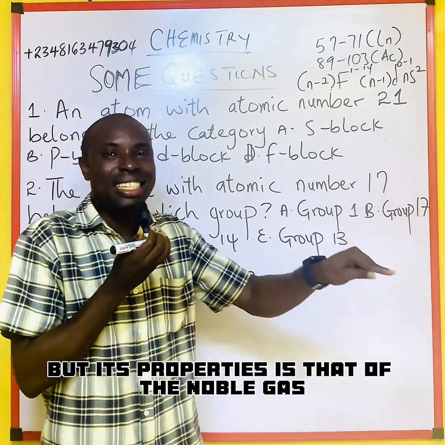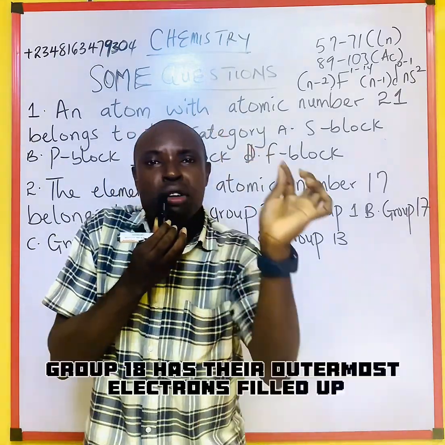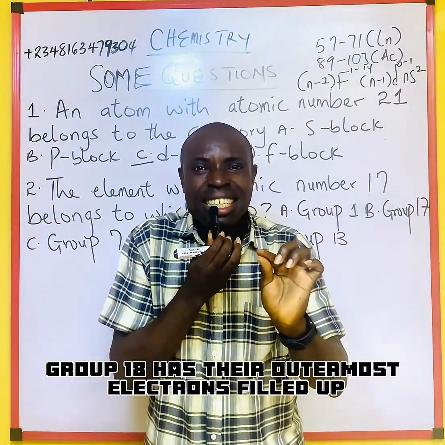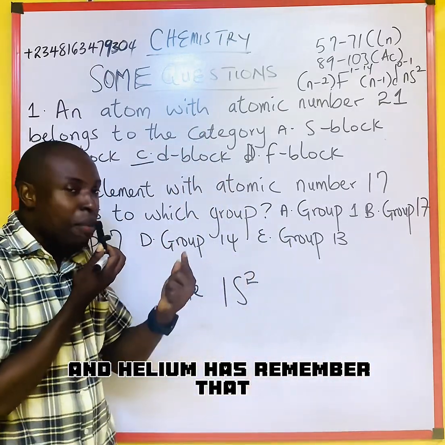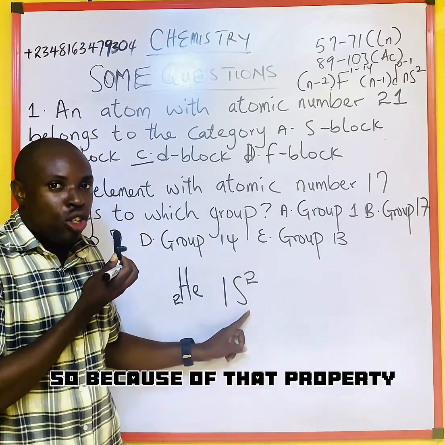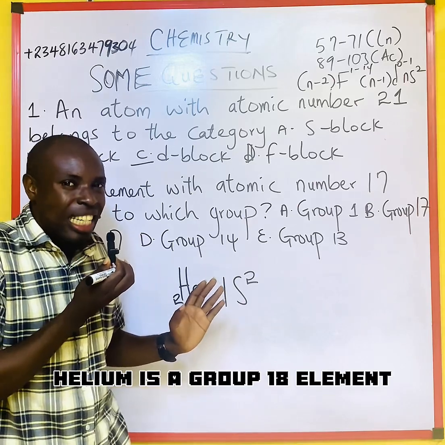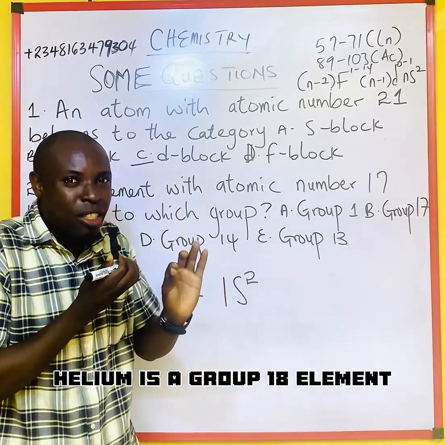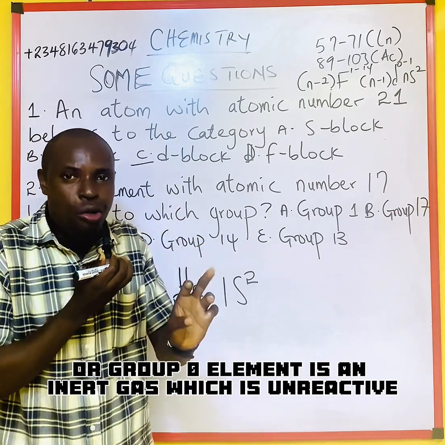But its properties are those of the noble gases, because group 18 has their outermost shell filled up, and remember that the maximum number of electrons in the s orbital is 2. Because of that property, helium is a group 18 or group 0 element. It is an inert gas which is unreactive.